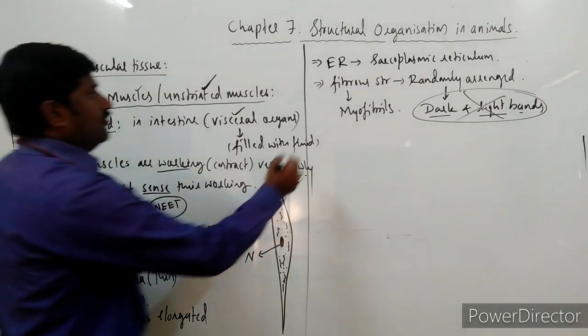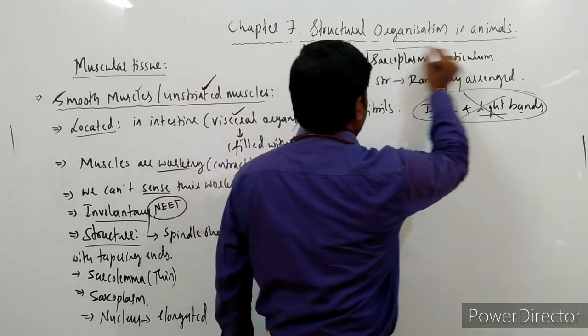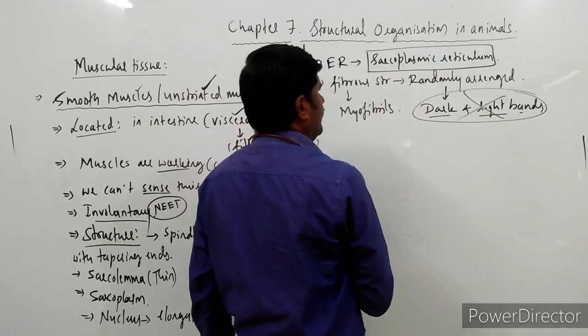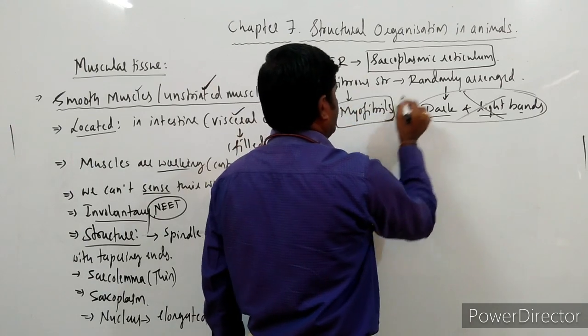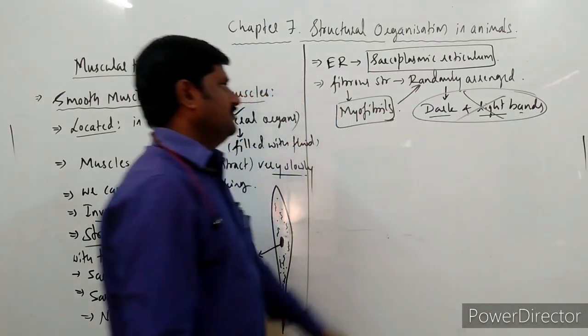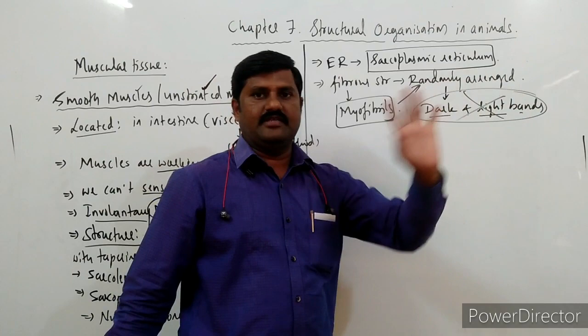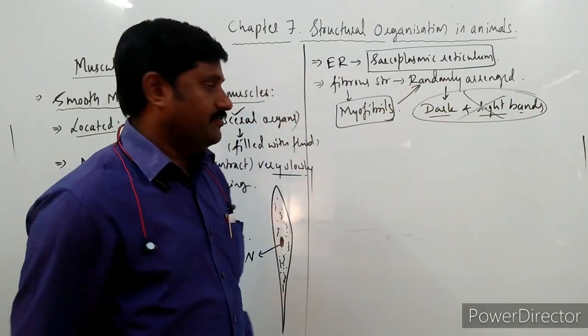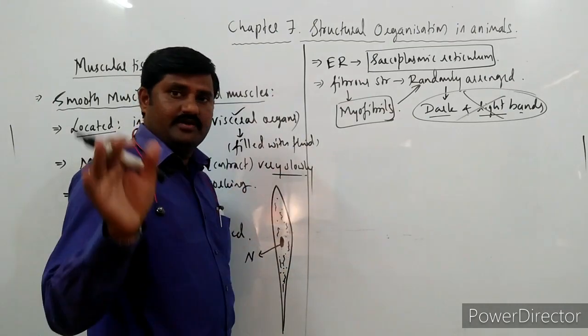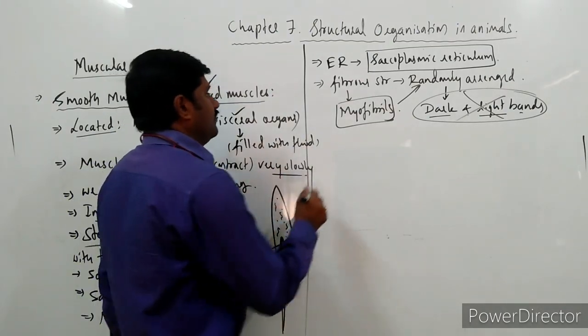And sarcoplasmic reticulum is more important aspect to be remembered, and the fibrous structures called as myofibrils are randomly arranged. So that is why dark and light bands are absent over here in this type of the muscle fibers. Point to be noted. All these points are very important.